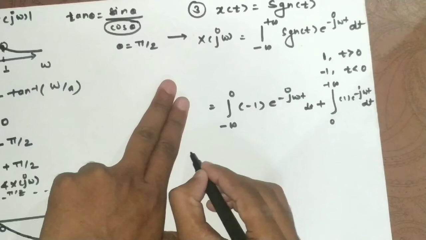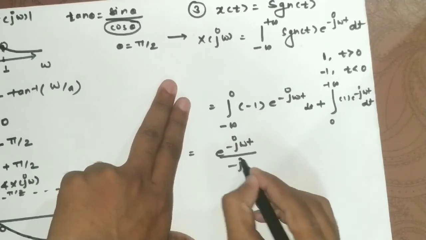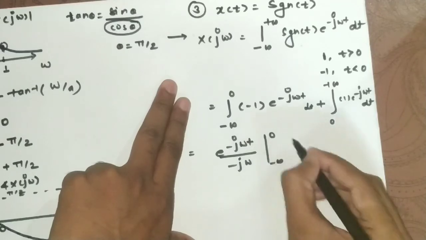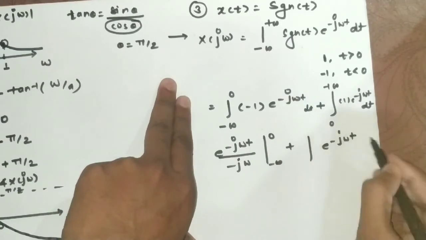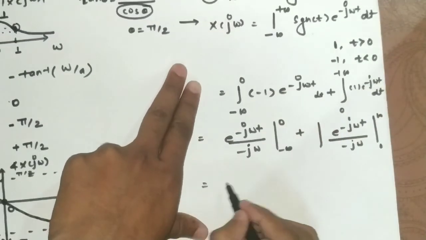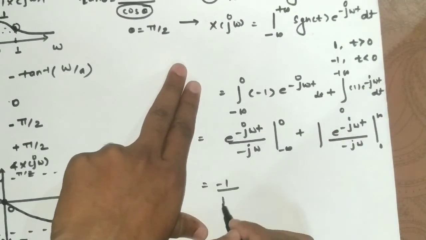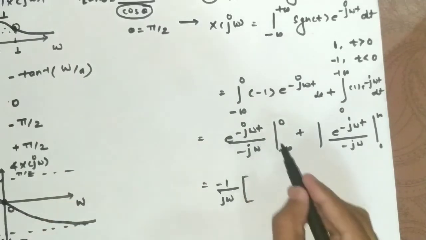Let us integrate this term now. We'll get e raised to minus j omega t by minus j omega, limits as they are. For this also, e raised to minus j omega t by minus j omega, 0 to infinity. So I'm taking this as minus 1 by j omega, upper limit 0 and lower limit minus infinity.